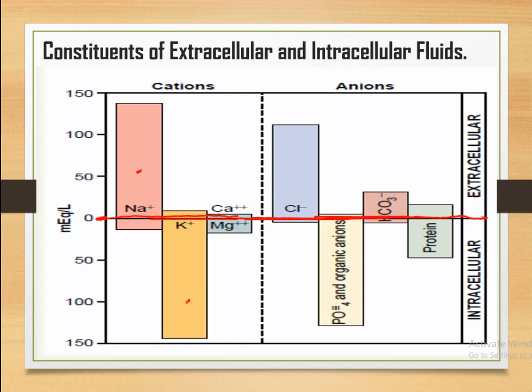Less potassium outside. So to summarize, the extracellular fluid has sodium, calcium, chloride, and hydrocarbonate (HCO3). It has a lot of sodium, calcium, chloride, and hydrocarbonate.